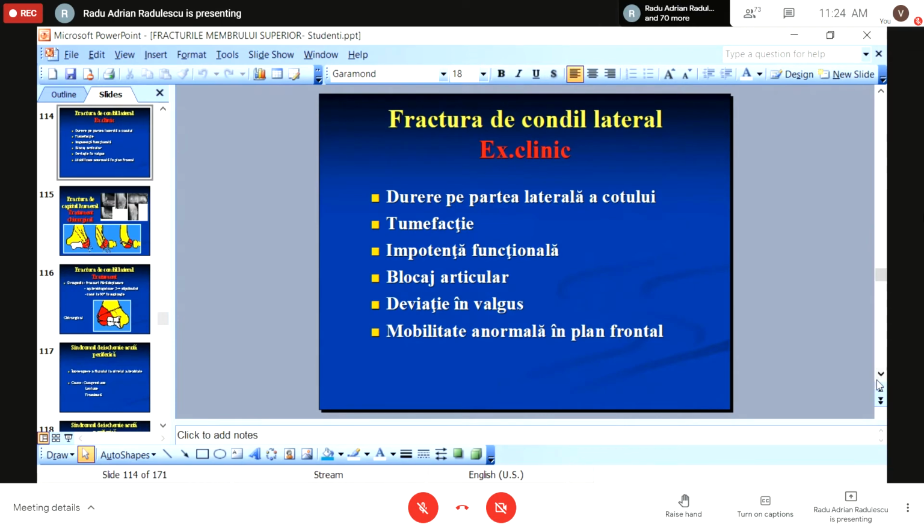Of course, the symptoms of the lateral condyle fracture will be on the lateral aspect of the elbow. Before, I told you that the symptoms for the medial epicondyle were on the medial part of the elbow.